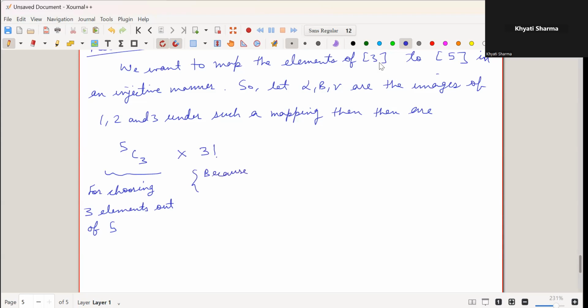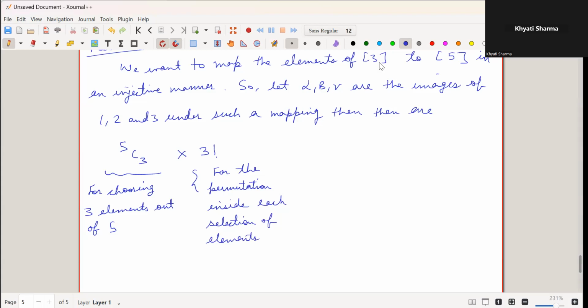This is because of the permutation inside each selection of elements.